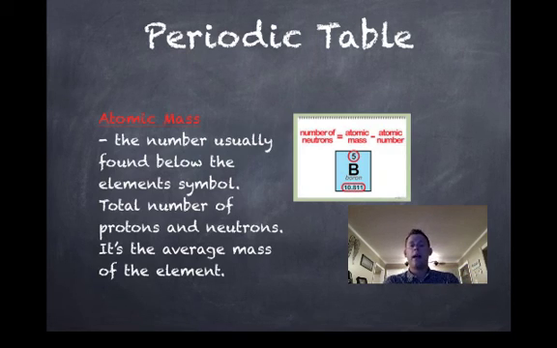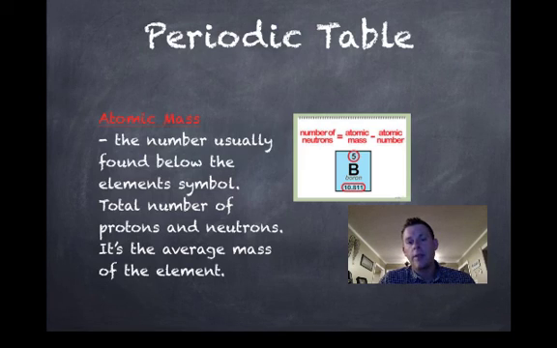Okay? Now, we said APE helped us know what the atomic number is. So when it comes to finding the number of neutrons, it's not written down here, but if you'll write down MAN, M-A-N, okay, M stands for the mass number, A stands for the atomic number, and N stands for neutrons.